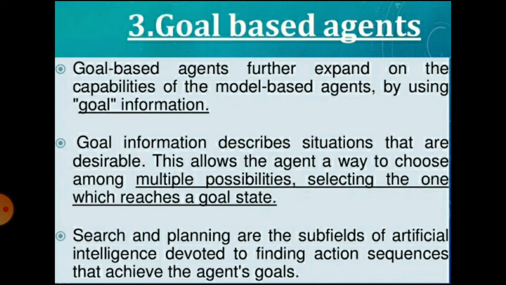They choose an action so that they can achieve the goal. These agents may have to consider a long sequence of possible actions before deciding whether the goal is achieved or not. So there may be an extra element added that we will see in a block diagram.